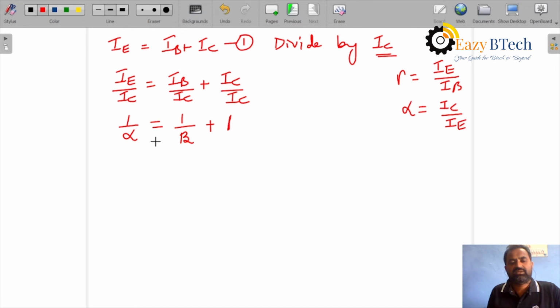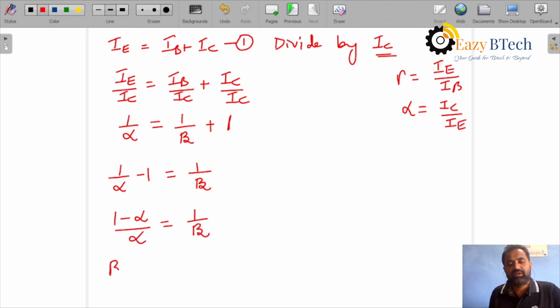Now from this you can find these values. If you want to find beta, 1 by alpha minus 1 is equal to 1 by beta. So 1 minus alpha by alpha is equal to 1 by beta. Reverse it, beta is equal to alpha by 1 minus alpha. This is the relationship of beta in terms of alpha.